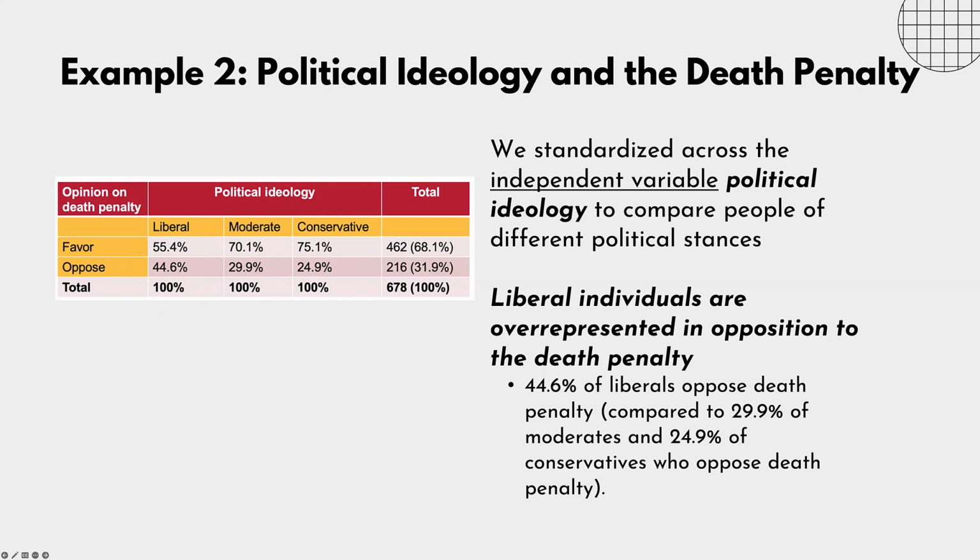However, when we look across different categories of political ideology, we see that that number is much larger for more conservative ideologies, whereas 55% of liberals favor the death penalty, 70% of moderates favor, and 75% of conservatives tend to favor, right? So the percent in favor goes up as political ideology tends to get more conservative.